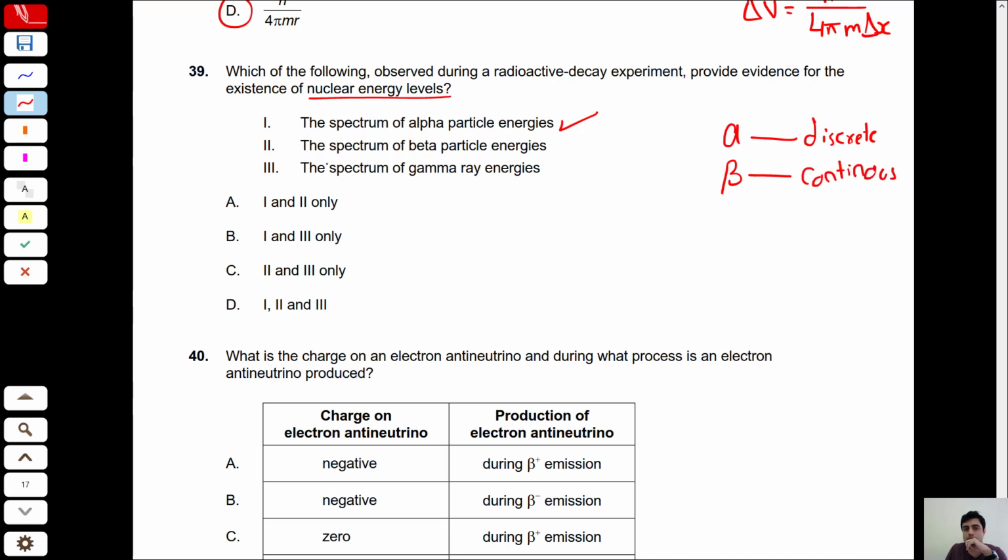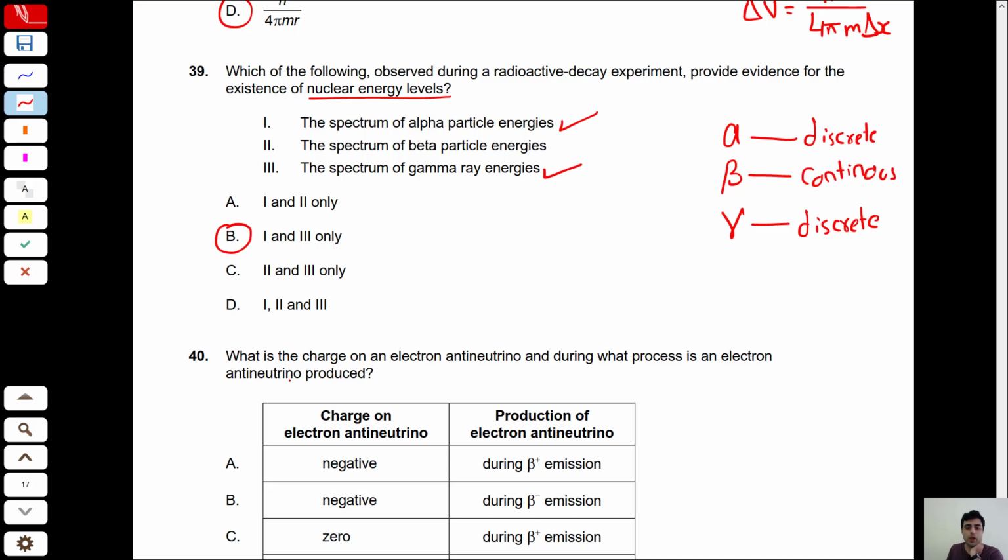So gamma electromagnetic radiations also have discrete energy because they come from nuclear energy levels, and these energy levels possess discrete energy. So only alpha and gamma have discrete energies that can provide evidence for nuclear energy levels, whereas beta have continuous energy, because when beta comes out of an atom, it behaves like a free electron that can move around with any continuous velocity, giving us continuous kinetic energy. So it's going to be 1 and 3.